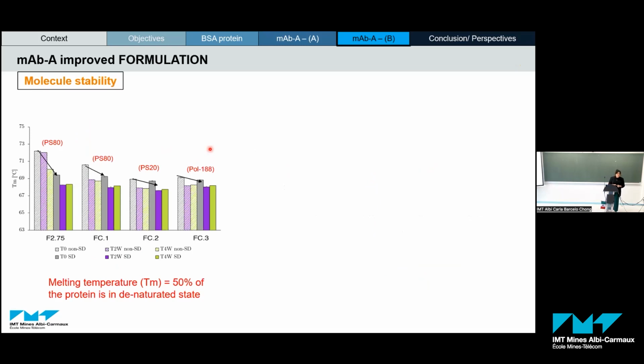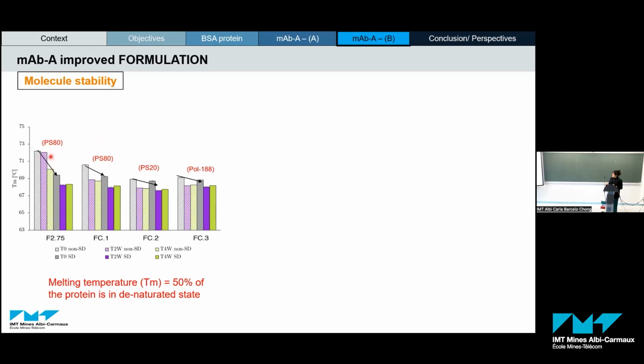And now, in terms of the molecular stability, as measured by the melting temperature I previously mentioned, what we will observe is a change between the non-spray dried formulations, which are the first bars, and the ones after spray drying.